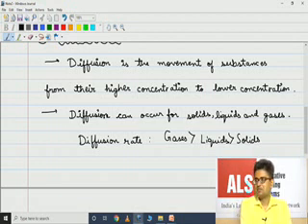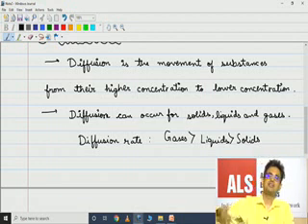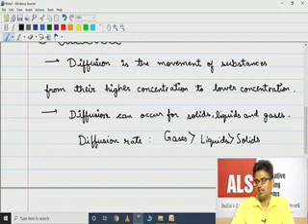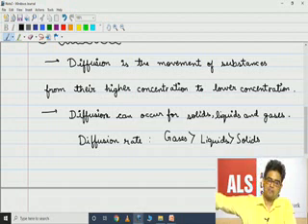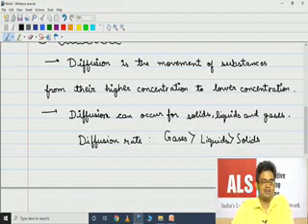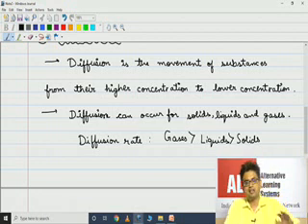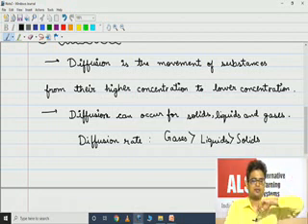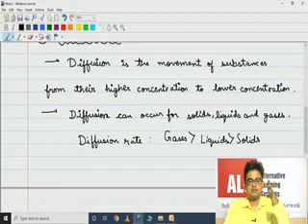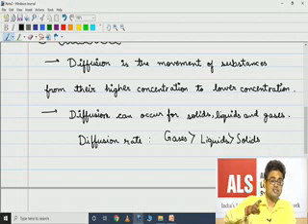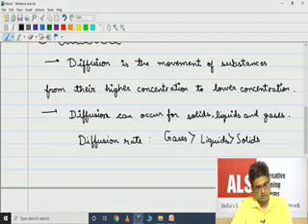If somebody has sprayed perfume and is sitting at one corner and you're sitting at the other corner of the class, you can smell that perfume. But if a person is standing in the middle of the class, he will smell the perfume faster than you will. So diffusion is happening for gases at a very fast rate.